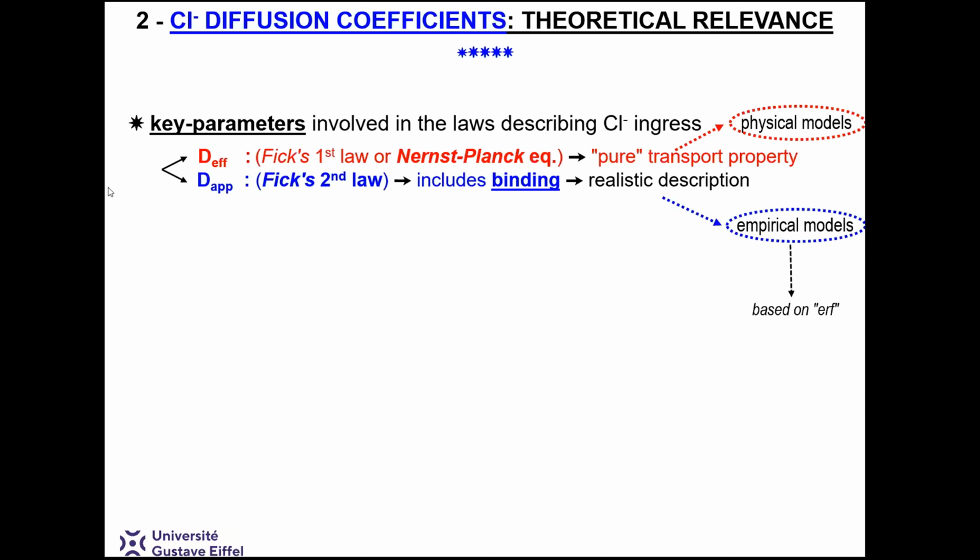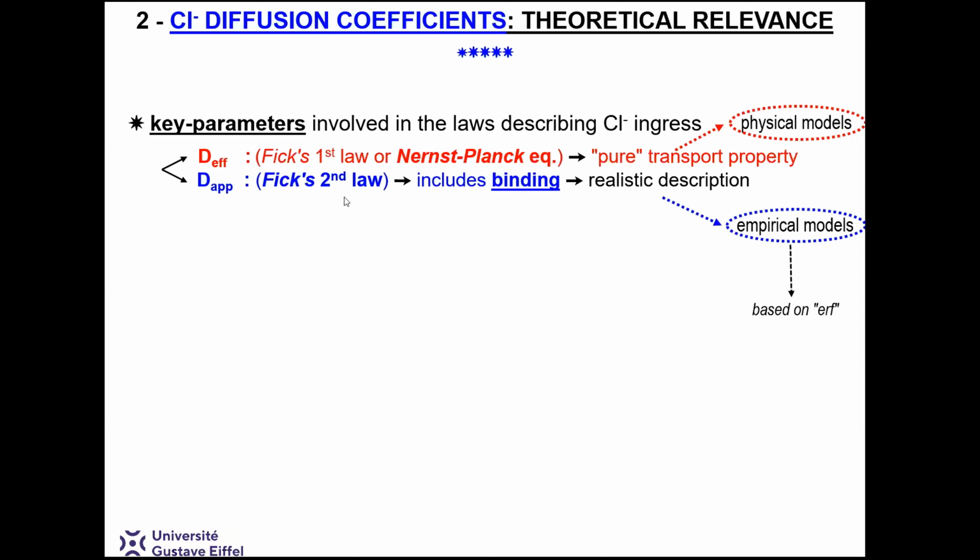But in reality there are two coefficients, and it is important from a theoretical point of view to distinguish them. The first one is involved in the first Fick's law of the Nernst-Planck equation. This is a pure transport property, and this is the parameter required for physically based models.